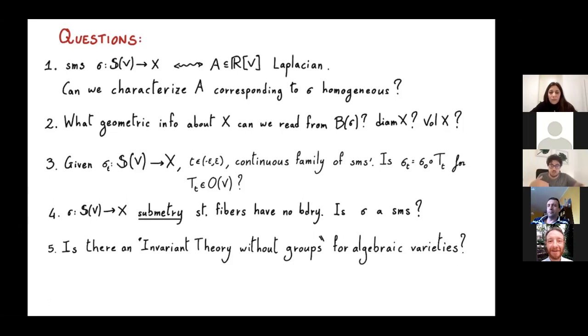When the group acting is not finite, the two Laplacians are not the same. It doesn't take Laplacian to Laplacian. There is an extra term that has to do with the mean curvature of the orbit, that skews things, and things become a little harder to understand.